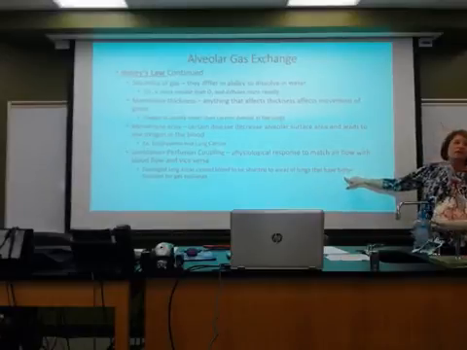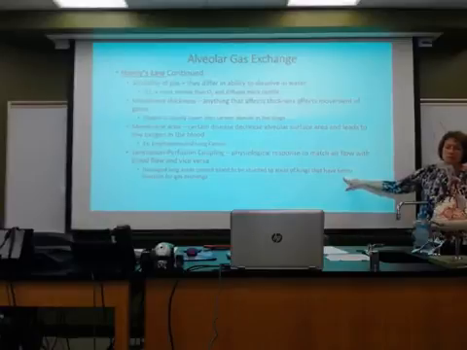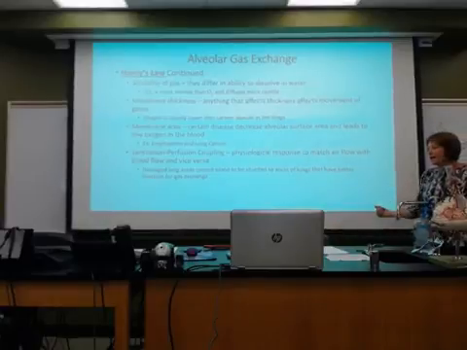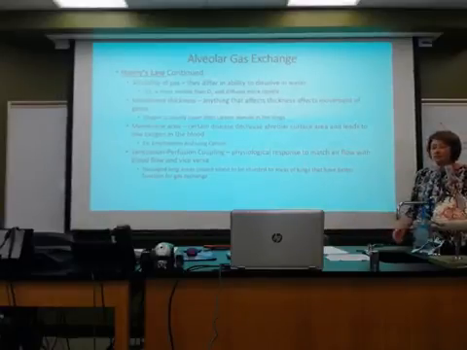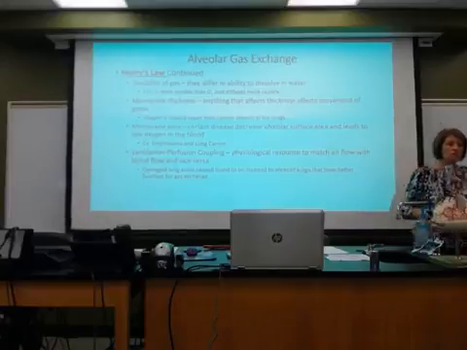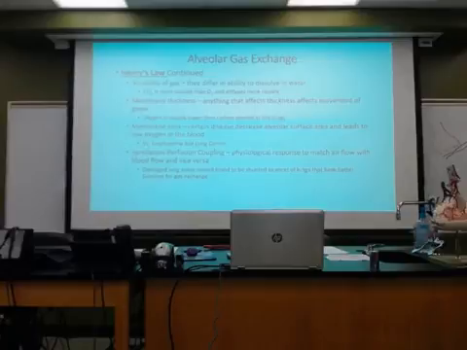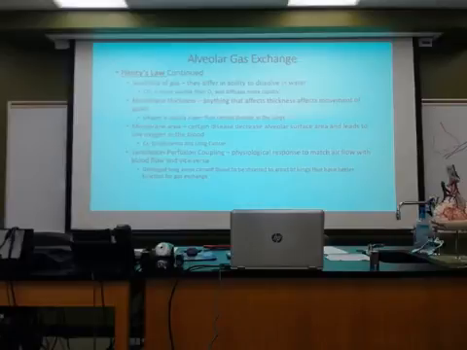If we have areas of the lung that are damaged, they can actually shunt the blood to other areas of the lung to be ventilated, and this happens. It happens, for example, if someone's got pneumonia, okay?